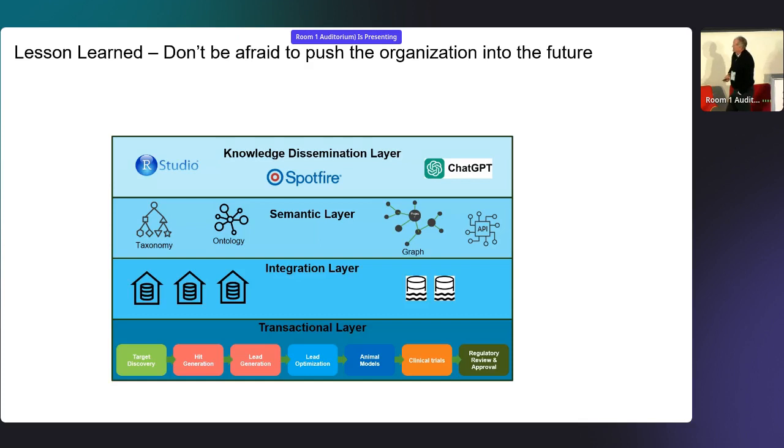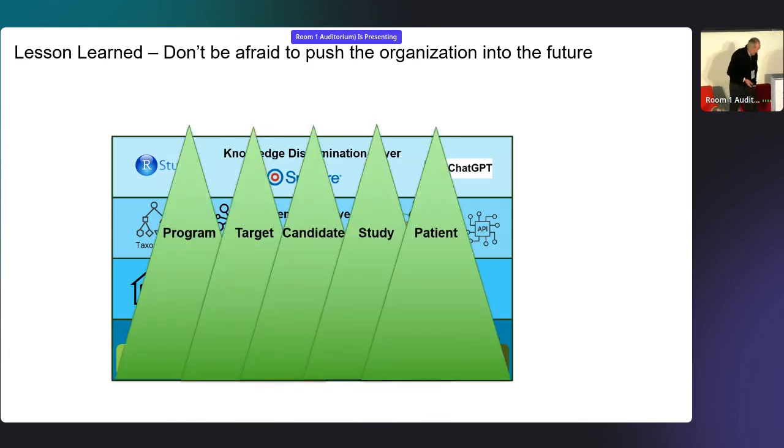Well, I think experiments are being run across every organization today to figure that out. I think this is where maybe data product comes in. And of course, I had to make a pitch for it since I'm joining a company focused on this. So who in the organization will start to own program, target, candidate, study, patient as data products? And how do we put a discipline in place to both design that and make that data high quality?